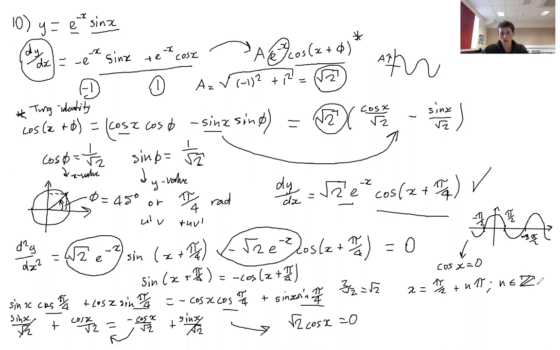I'm sure you've seen this sort of notation before, but this funny e thing means is an element of, and this Z refers to integers. If we take this first point, for example, we can get pi on 2 for the case when n is equal to 0, and the second solution for when n is equal to 1, because that's going to be pi on 2 plus pi, which goes to 3 pi on 2.